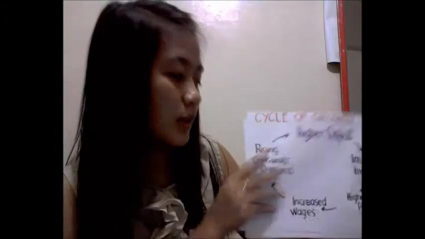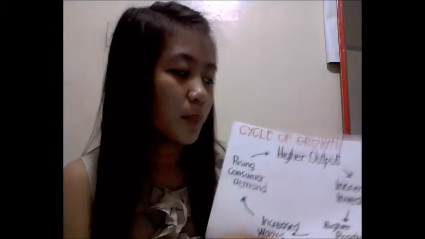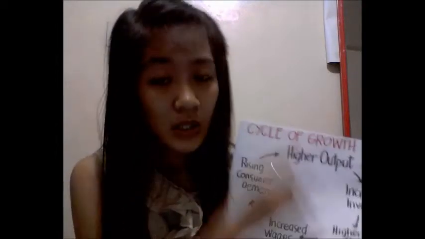And the next is the cycle of growth. First, rising consumer demand. If consumer demand is rising, producers will tend to create more output. If we have higher output, investment will increase.